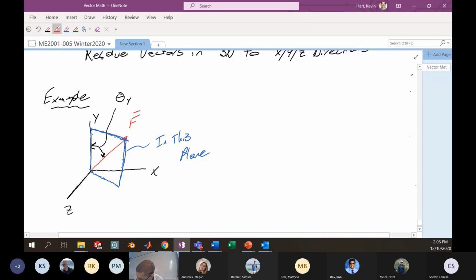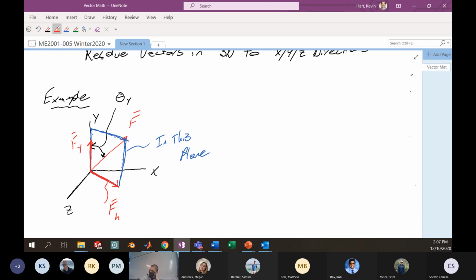Well, I can resolve this into Fy, and also some force that's in just this little bit of the plane here. I'll call this Fh, just some arbitrary vector Fh.